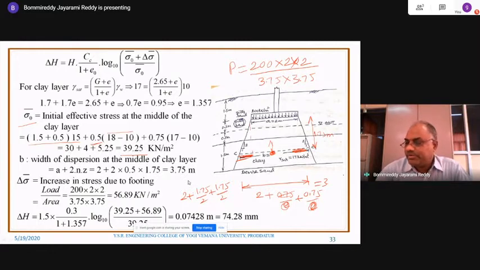So from this you got every value. E naught is found, sigma also found, delta sigma also found. By substituting all these values you will get the delta H value for the given clay layer of soil.